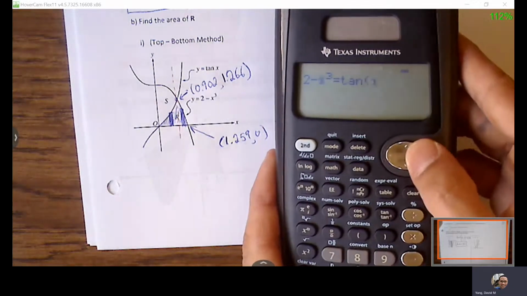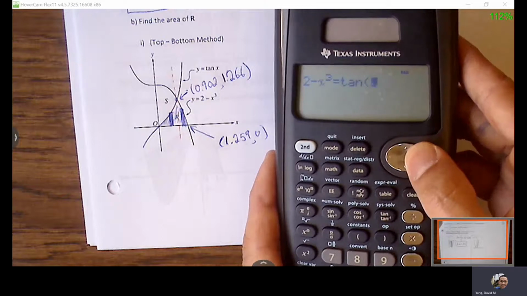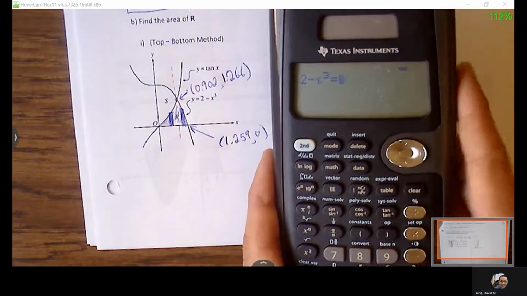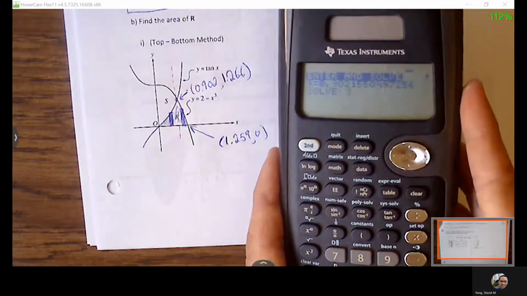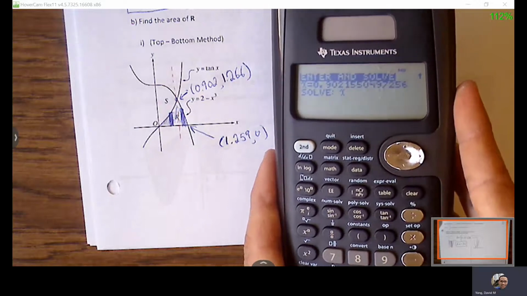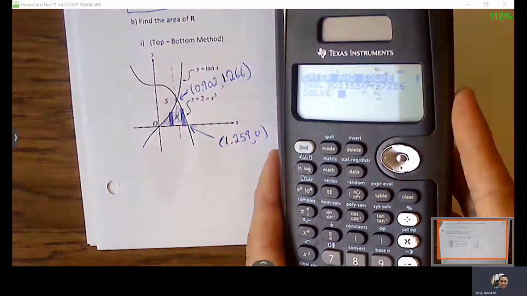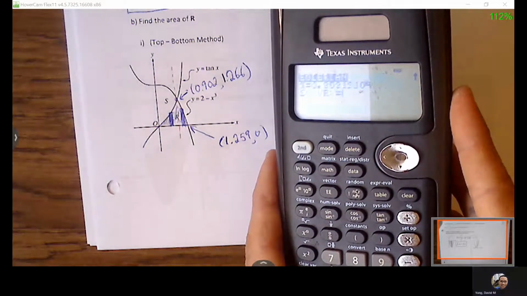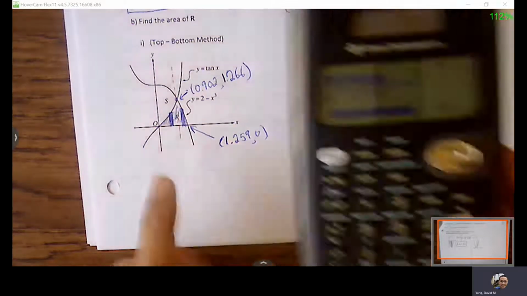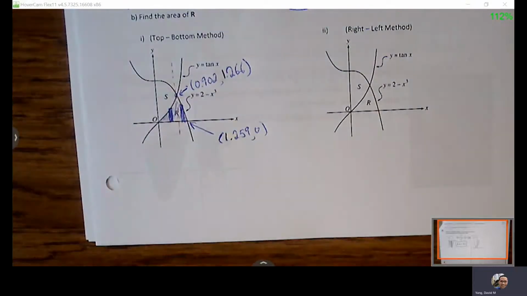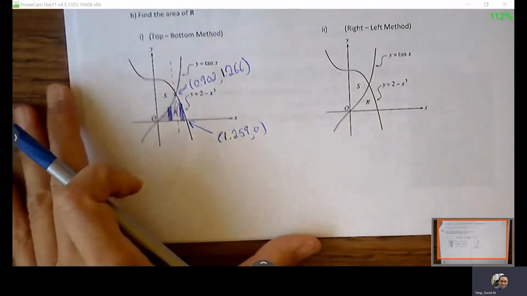And you can do 2 minus x cubed is equal to 0. Start at any point that you want, and then it should find that for you. 1.259. There you go. Any questions finding that x-intercept?